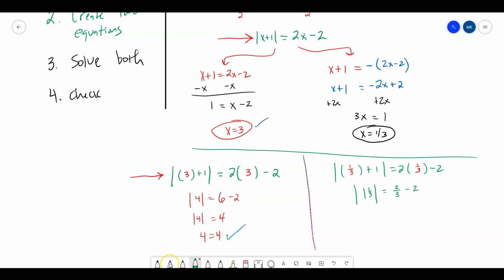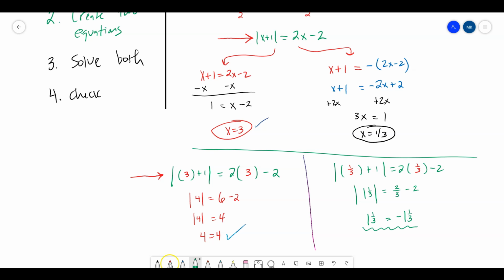Subtract 2. If I have 2/3 and I subtract 2, that's kind of like saying I have 2 wholes and I'm going to subtract 2/3. My answer is going to be 1 and 1/3, but it's going to be negative. This is going to be negative 1 and 1/3, whereas the left-hand side, the absolute value of 1 and 1/3, is still going to be positive 1 and 1/3.